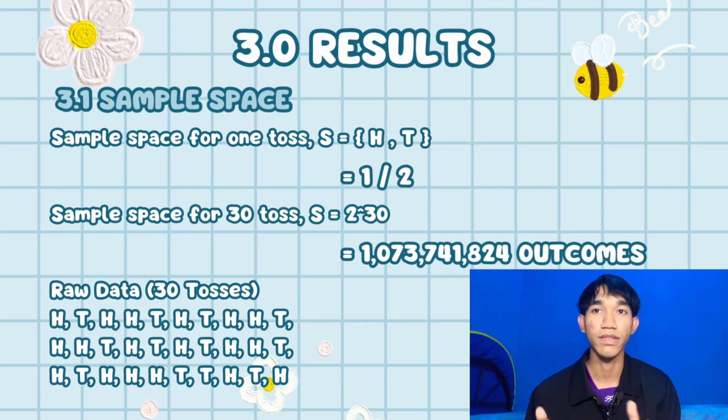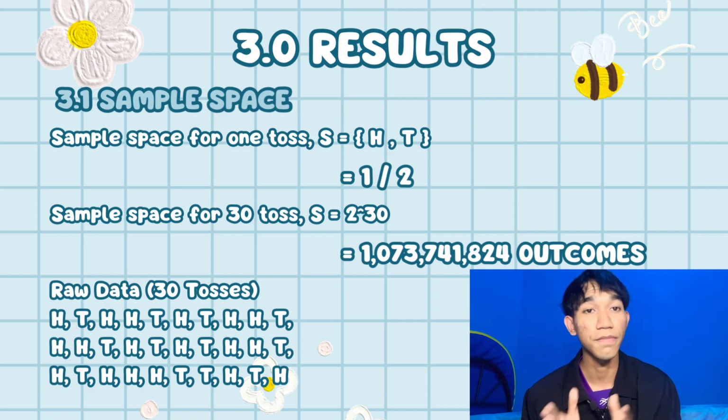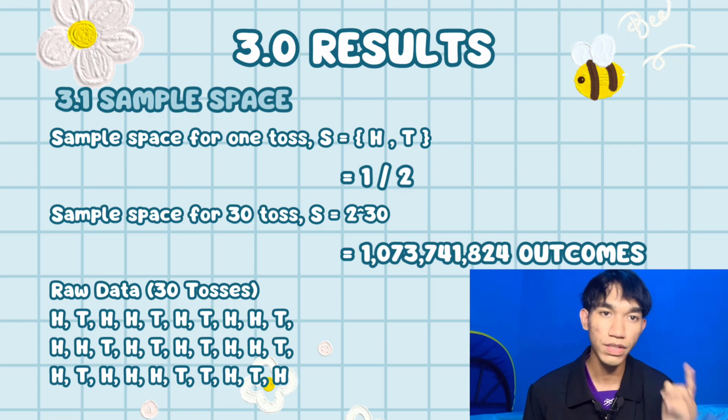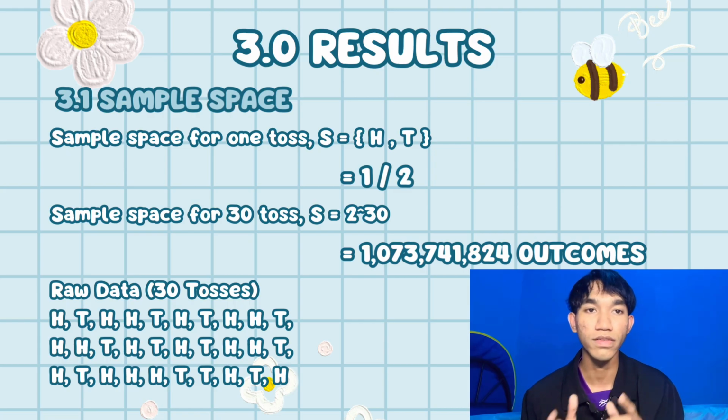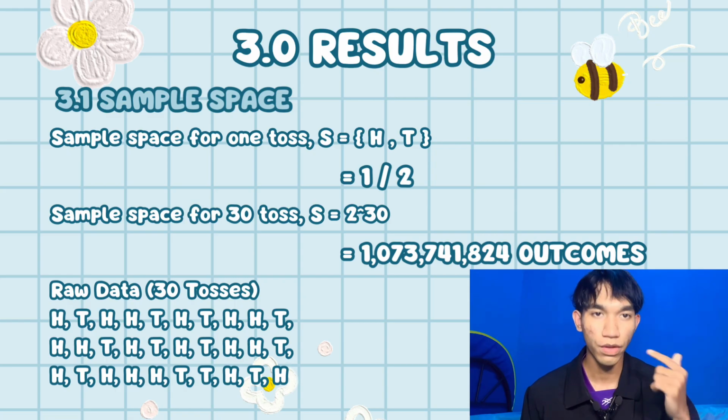So guys, this is the result. The sample space for one toss is 2, and the sample space for 13 tosses is 2 to the power of 13, which equals 8192 outcomes. So this is the raw data.